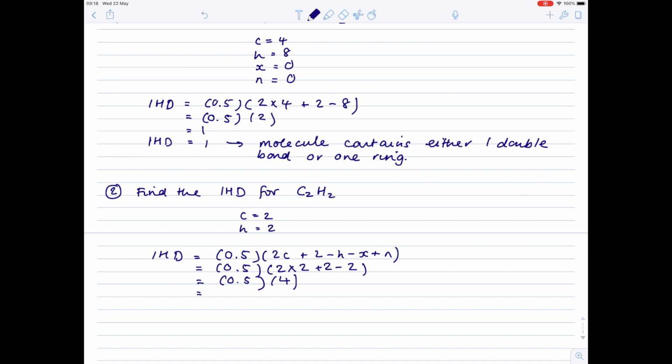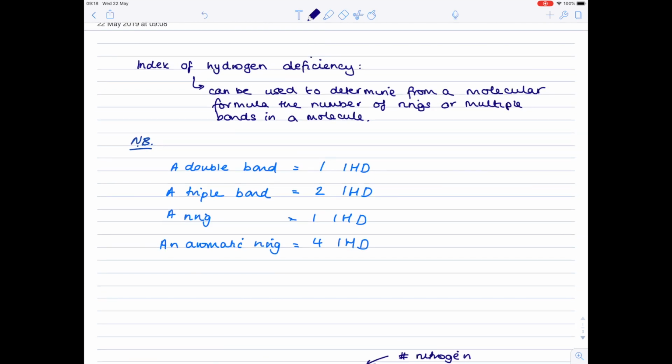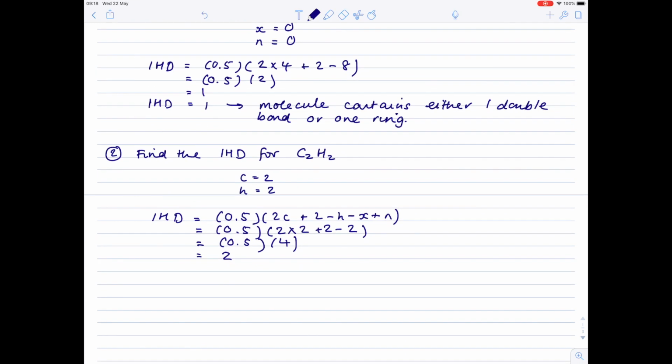So we have an index of hydrogen deficiency of 2. And looking up, we know that a triple bond has a hydrogen deficiency of 2. So this molecule is likely to contain a triple bond. And it is in fact ethyne, which looks like this. So there's the triple bond.